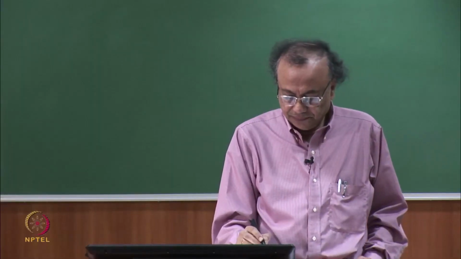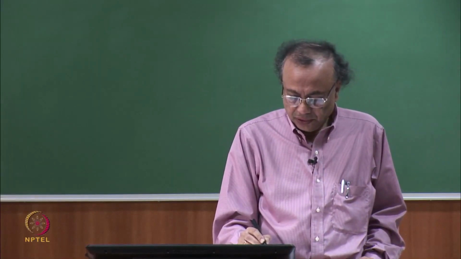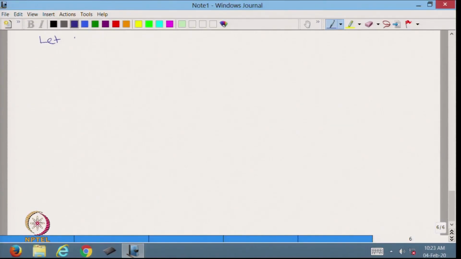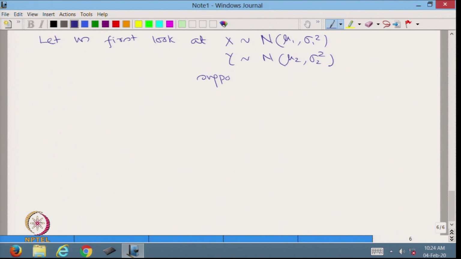In order to understand, let us first look at x, which is normal with mu 1 and sigma 1 square, and y is normal with mu 2 and sigma 2 square. And suppose they are independent.